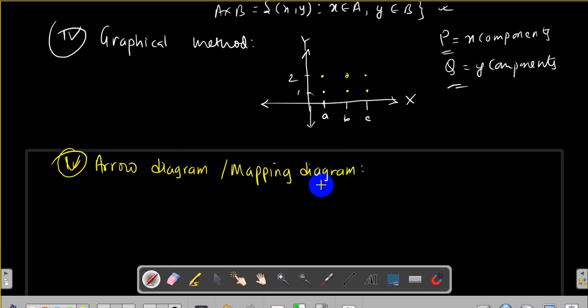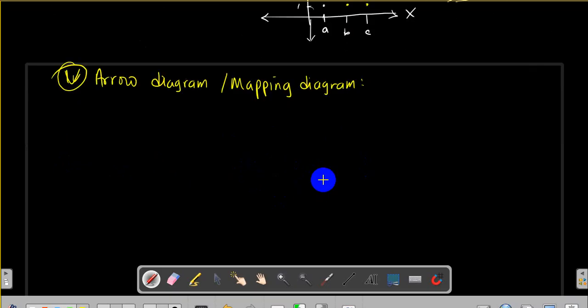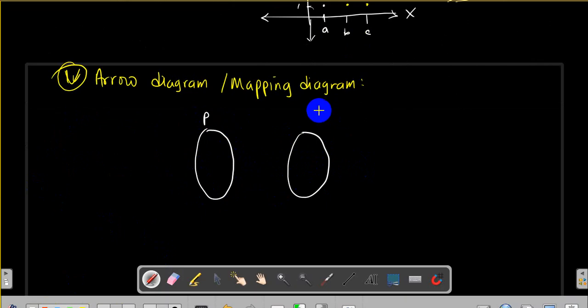In this mapping diagram, we will make 2 sets like this. This is set P and this is set Q. The elements of set P should be written here: A, B and C. Similarly all the elements of set Q should be written here, like 1 and 2.